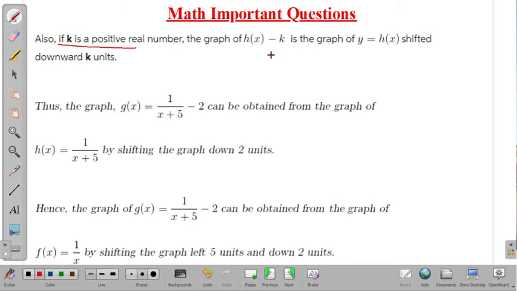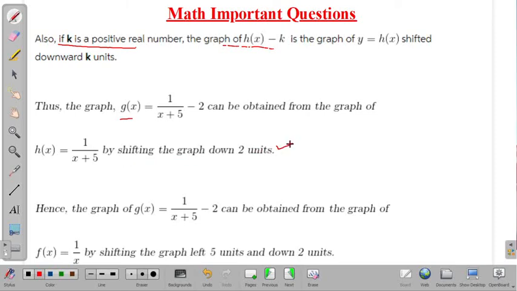Or in other words, if the graph of y = h(x) is shifted downward by k units, then we will obtain the graph of h(x) - k, that will be equal to g(x), right? So here our function g(x) = h(x) - 2 or 1/(x+5) - 2 can be obtained from the graph of h(x) = 1/(x+5) by shifting the graph downward by 2 units.